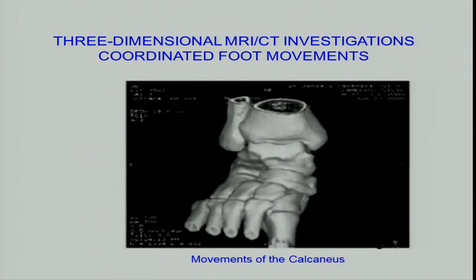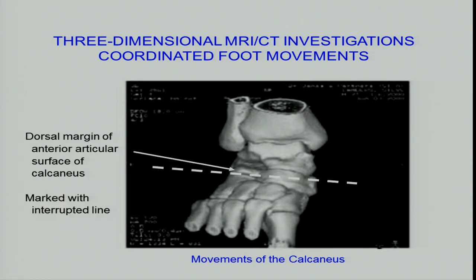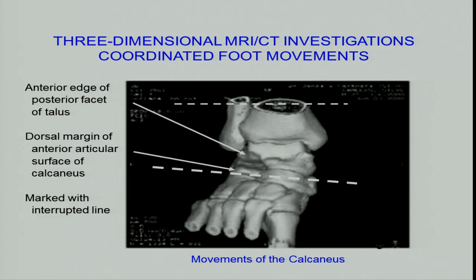Start again with the foot fully pronated. The dorsal margin, the anterior articular surface of the calcaneus is seen there, and I've put a line across it. That's the anterior edge of the posterior facet of the talus. That's going to remain horizontal.